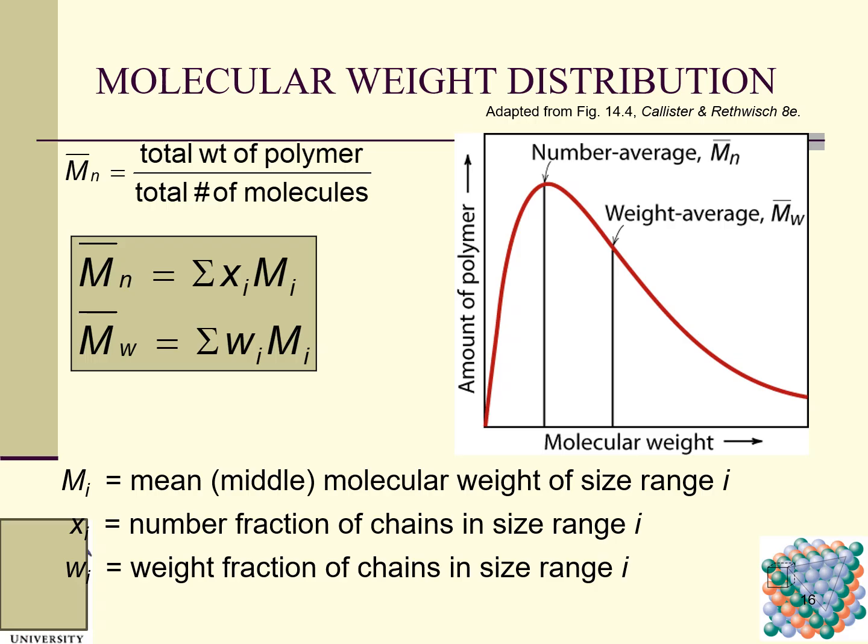As for molecular weight distribution, we have it based on the number and based on the weight: total weight of polymer, total number of molecules. This is number average, Mn, and weight average, Mw.